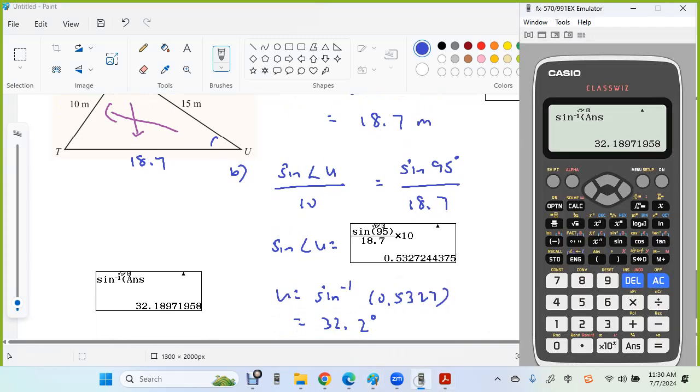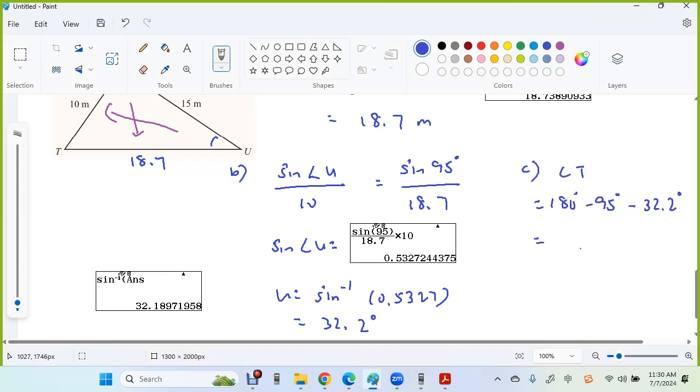So we have 180 minus 32.2 minus 95, then it's 52.8 degrees.